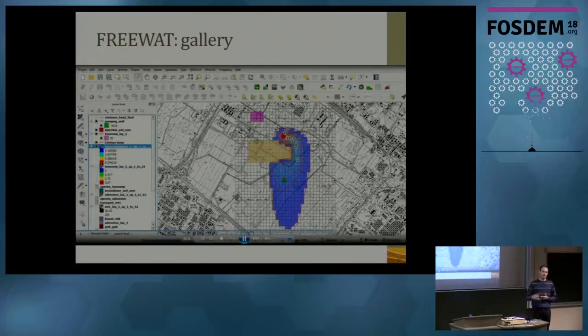In commercial packages or others, you can include millions of cells. In FREEWAT, not. You can only include a few thousand. So if you want to model the entire world, you will be very limited, and you will have a block size of Belgium, for example. If that's okay for you, it's no problem. But that's one of the aspects, I think, that really requires further development. So I hope that answers your question.